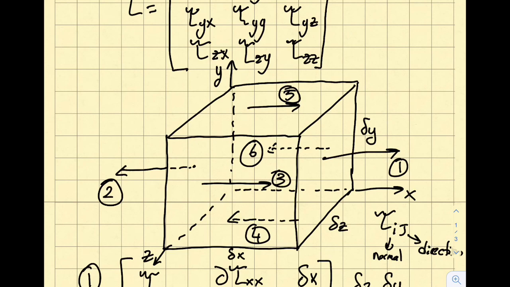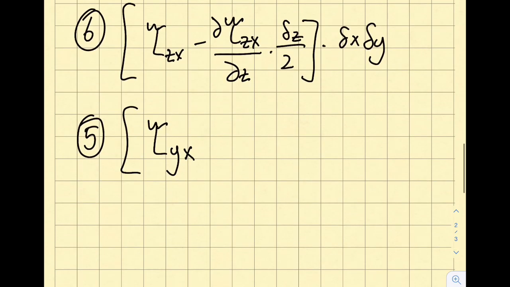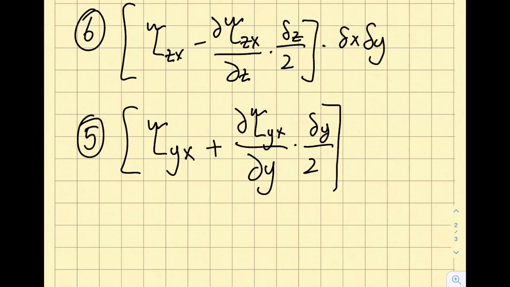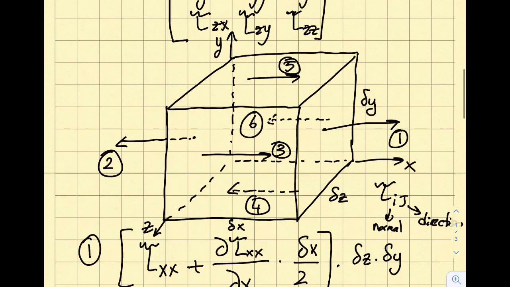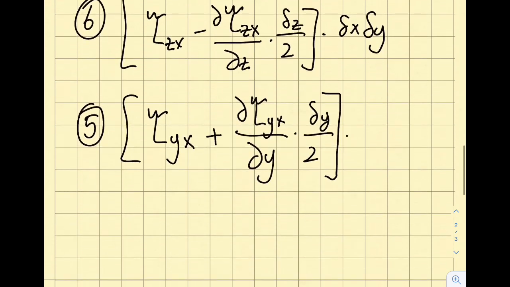And the direction of the force is x, so that's why I write tau yx, plus the rate of change of tau yx in the y direction, because I travel in the y direction to go to face number 5 from the center of the cube, times delta y over 2, the distance between the center of the cube and that surface. And the area will be delta x as the width, and into the page is delta z. So it's going to be delta x, delta z.